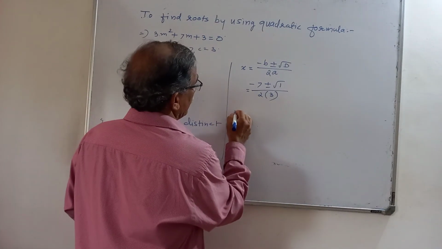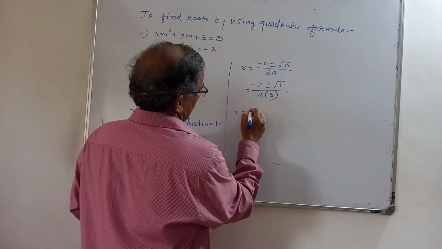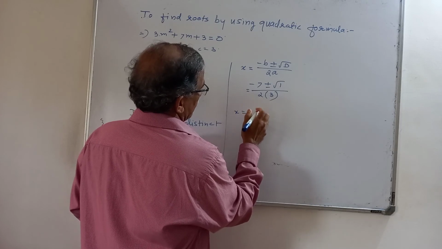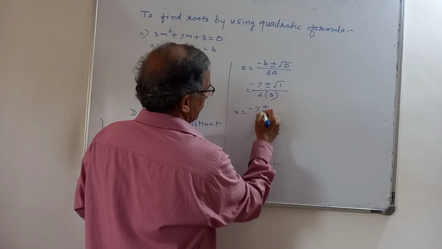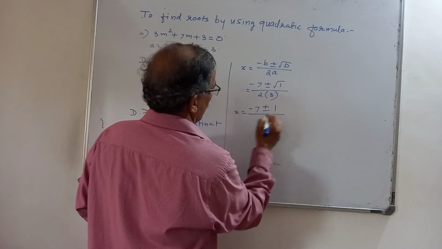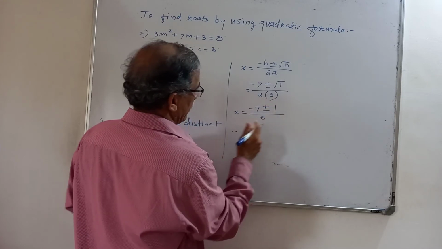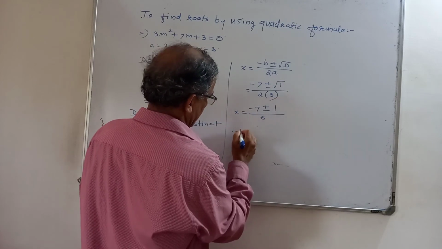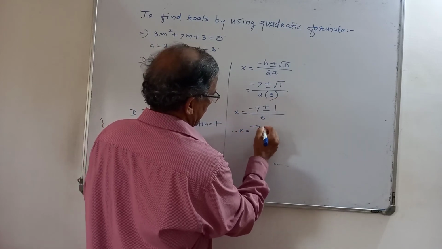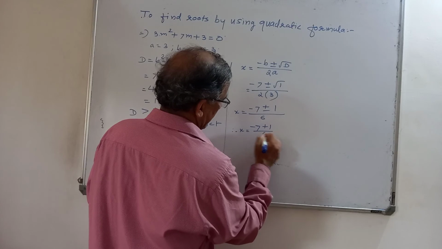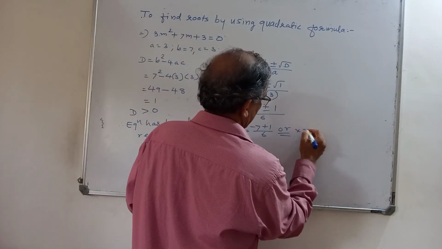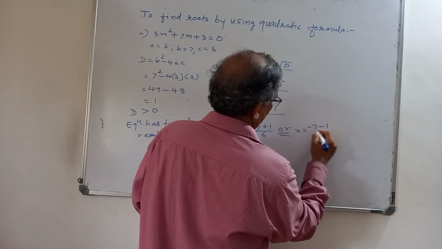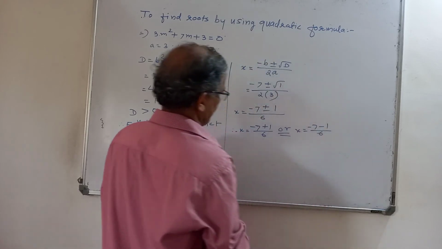Now x is equal to minus 7 plus or minus root 1. What is root 1? Root 1 is 1 itself, upon 6. And therefore, now we shall separate them. x is equal to minus 7 plus 1 upon 6, or second time, x is equal to minus 7 minus 1 upon 6.